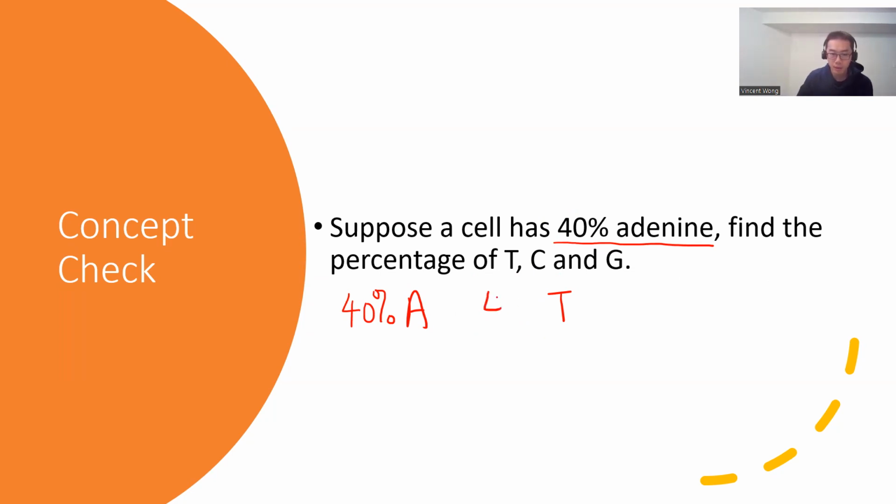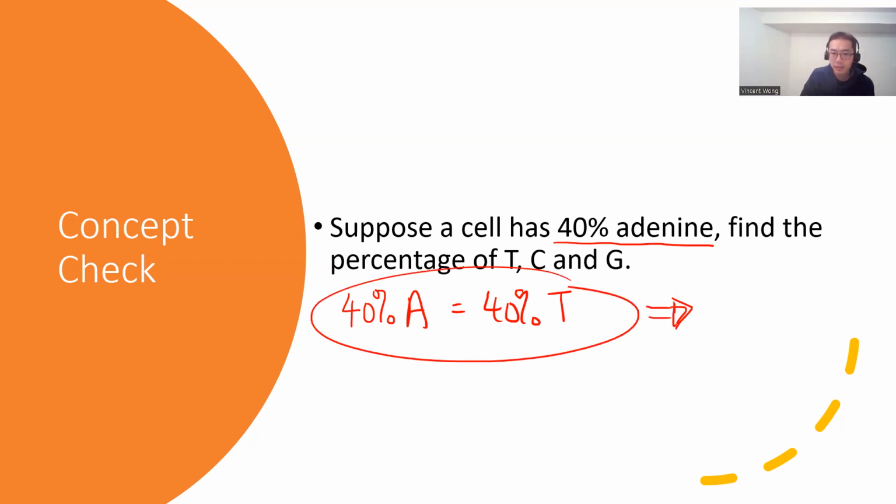That's right, 40%. It's the same, right? Because whenever you have an A, you're going to have a T as well. Now you add these together, that gives you 80%, right? Total is 100, so 100 minus 80, we still have 20% of stuff.